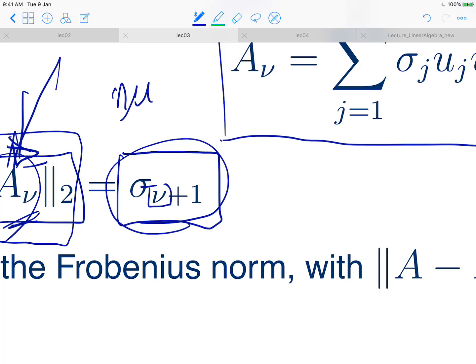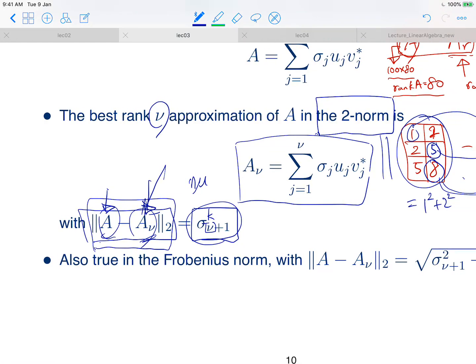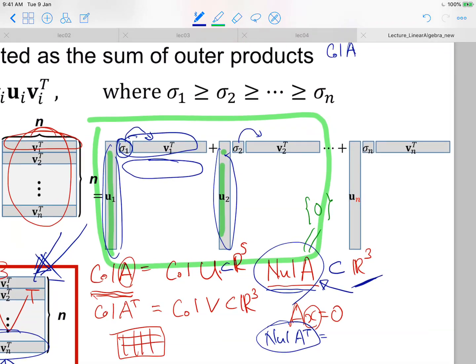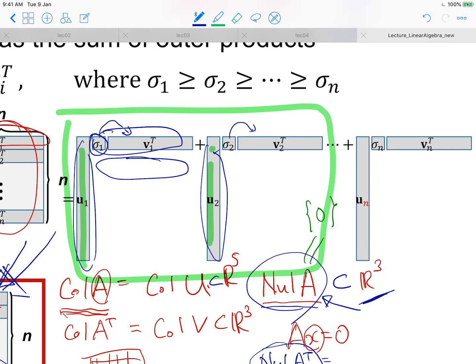Okay, so let's just call it K, using the simple alphabet. And then intuitively, once we obtain this truncated version of the SVD, given this sum of the rank 1 outer product sense, we pick up just the two largest components, and then we subtract this part from the original A part.